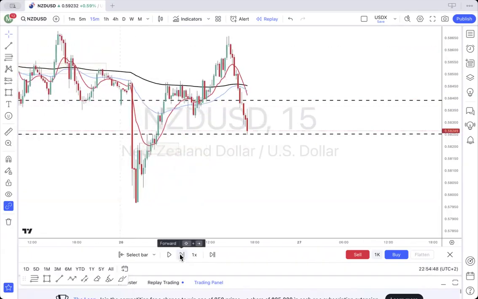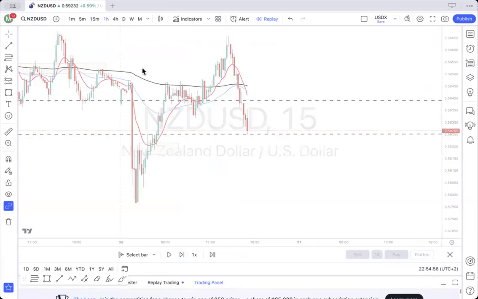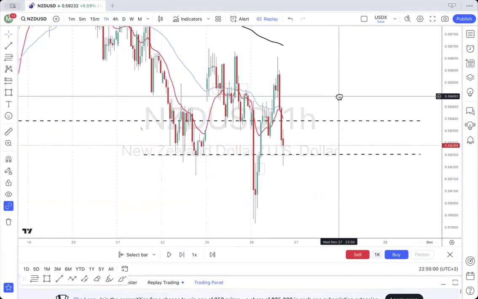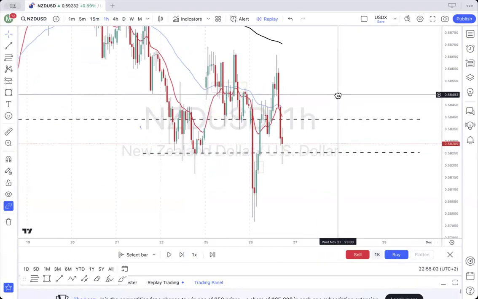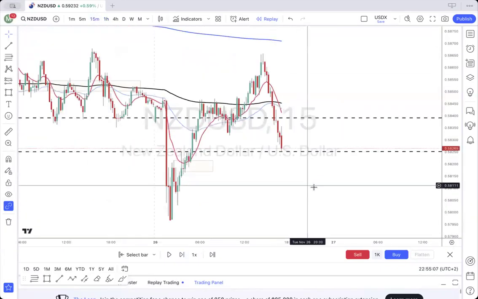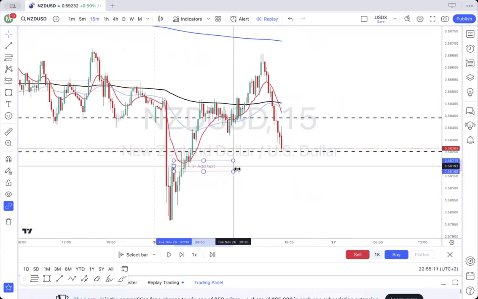Now see how it looked like it was gonna continue buying. Like it looked like a real buy, you know. If you look at it from this 1 hour time frame, you could tell that, yeah, this is a buy now. But yet it was not. It was gonna continue selling.